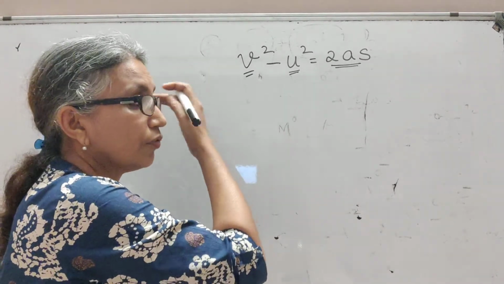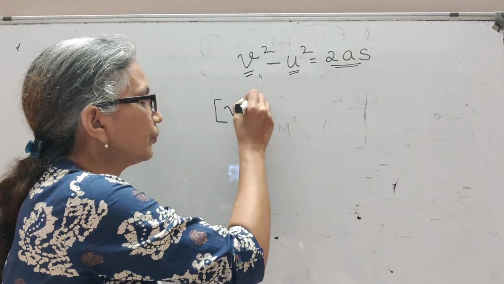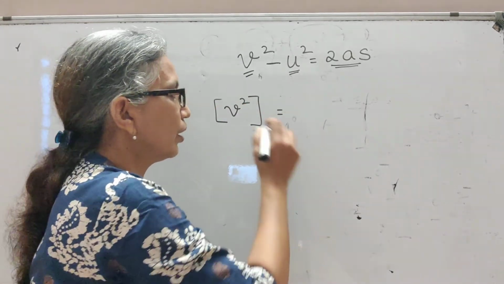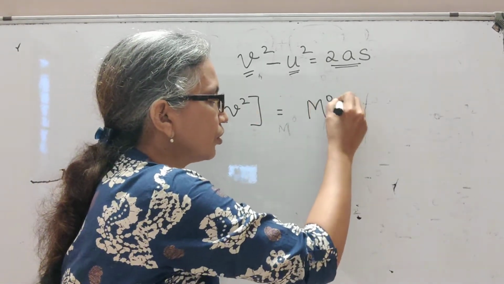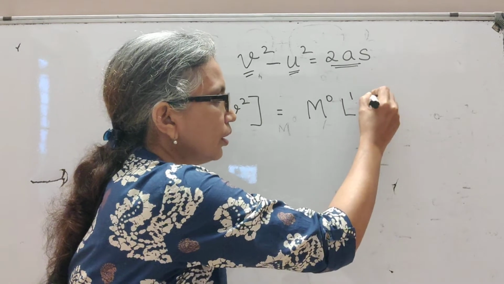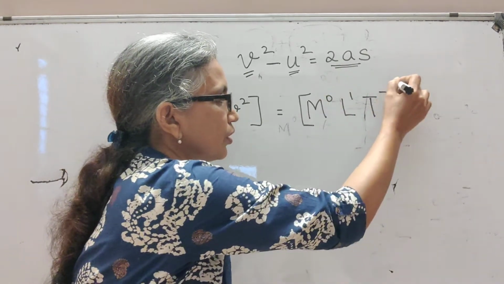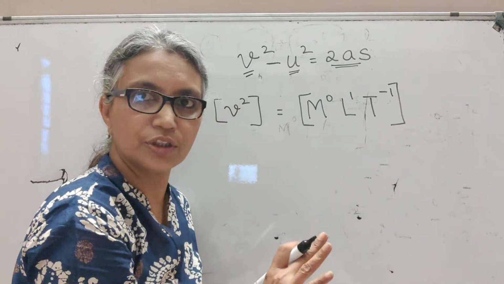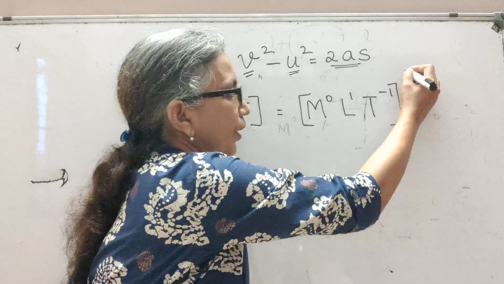So let's check. v square. Dimensions of v square: the dimension of velocity I just showed you is m raised to 0, L raised to 1, T raised to minus 1. This was the dimension of velocity. Whether it is final or initial, it's the same. So this raised to 2 because it's squared.